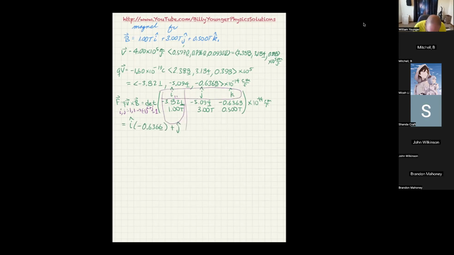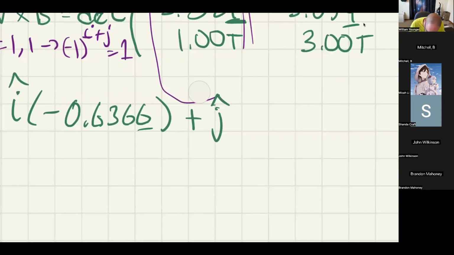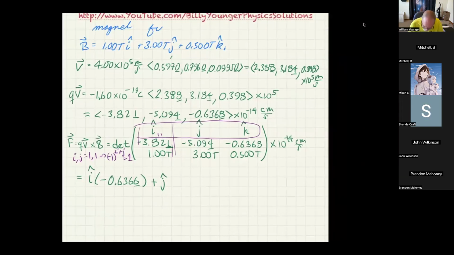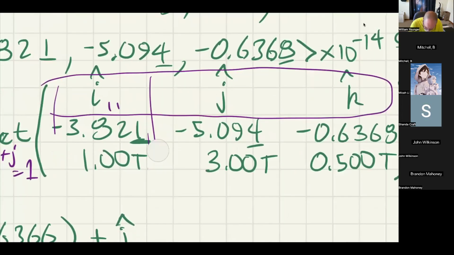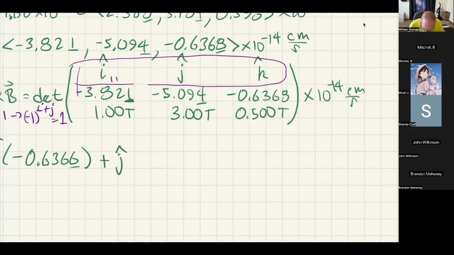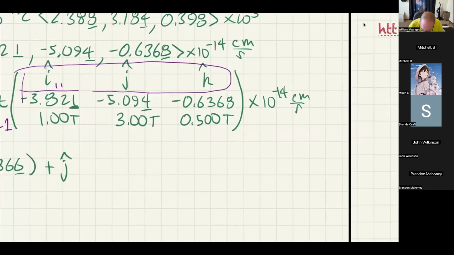Now with this one, you can see how this stuff gets really messy if you're marking it up to do determinants. So I'm going to try to erase it now. With the j, I am hiding the middle column and the top row. That leaves negative 3.821, 1.00, and negative 0.6368 and the 0.5.